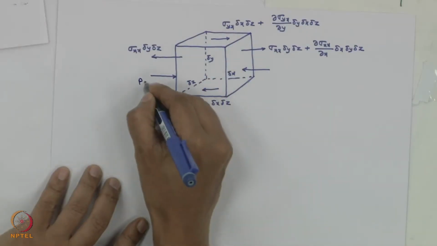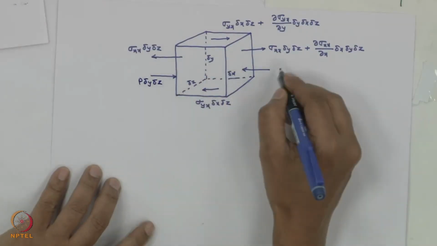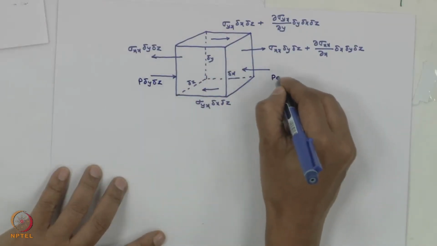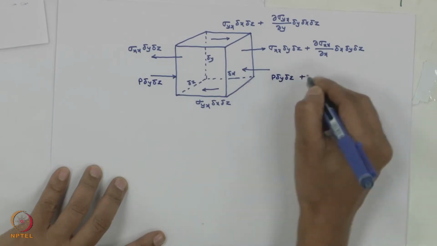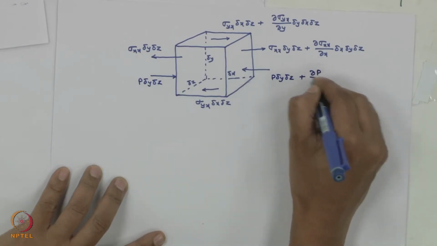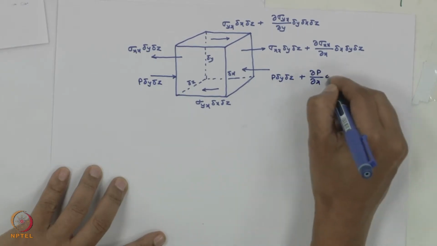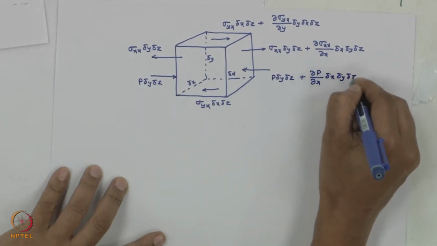So we will have to be comfortable answering this, because pressure is the interaction of the molecules onto this fluid element. So you have P into delta y delta z, and this is P into delta y delta z plus of del P by del x delta x delta y delta z.